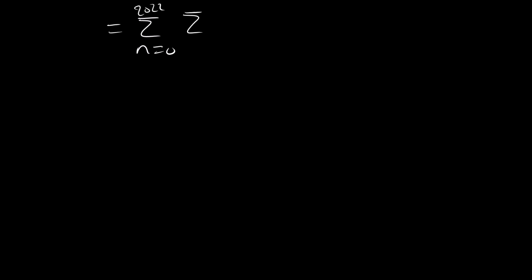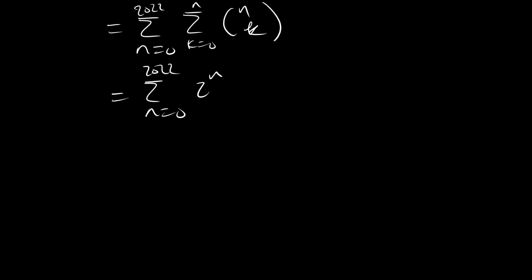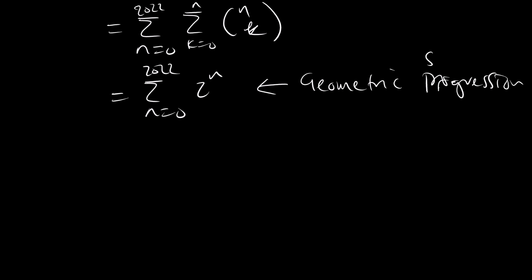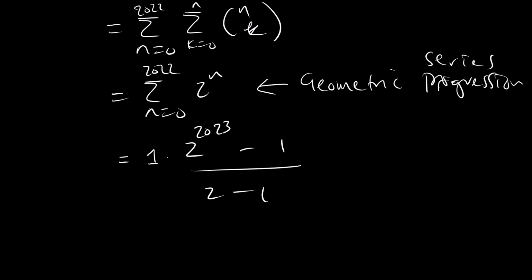Okay, that is important. So if we do have our problem that begins from n equals 0 to 2022 of the summation from k equals 0 to n of n choose k, it means this is a geometric progression or series where the first value is going to be 2 to the 0, which is 1, and so we have 1 times the constant ratio 2 to the power n plus 1, which is 2023, minus 1 over the constant ratio 2 minus 1.